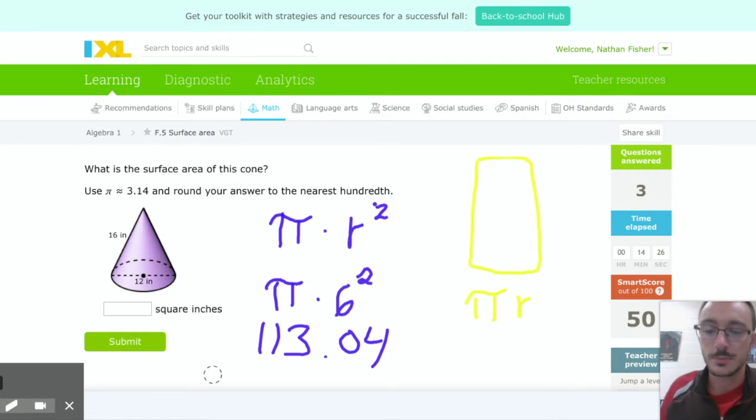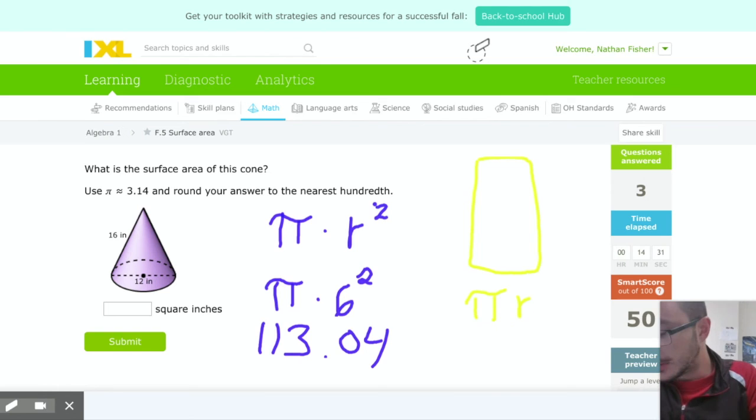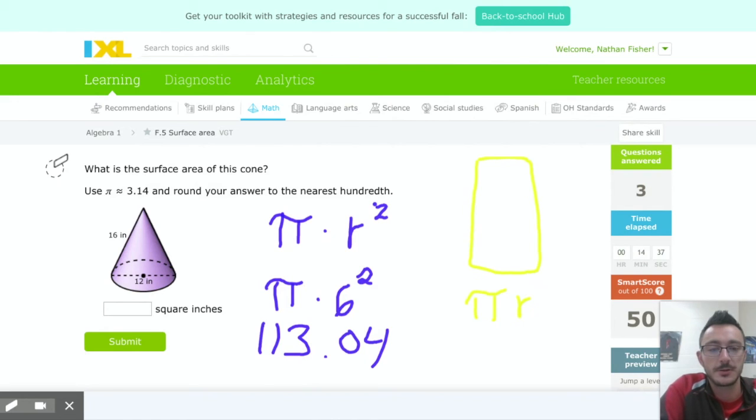So on my calculator, it's basically going to be this without the squared portion. 6 times 3.14, 18.84. So that tells me that at first I made my sides too different on this shape, but 18.84 and 16.